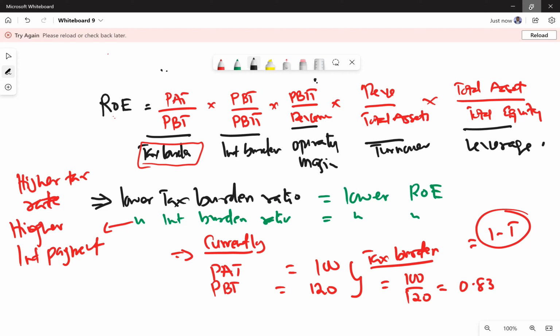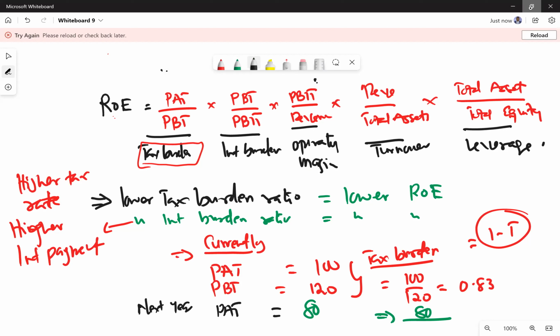our profit before tax remains the same, the profit after tax now, or let's say next year, our profit after tax reduces to 80. What it means is that we calculate a new tax burden, which is the PAT, now 80, over the same profit before tax, which is what? 120.